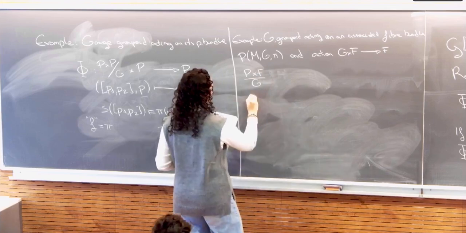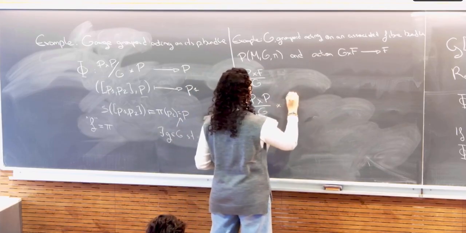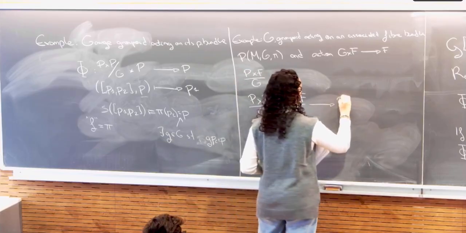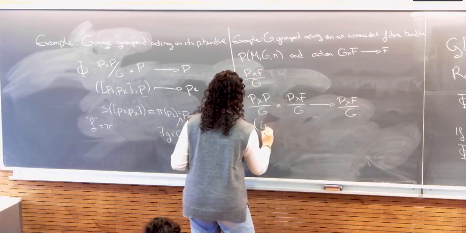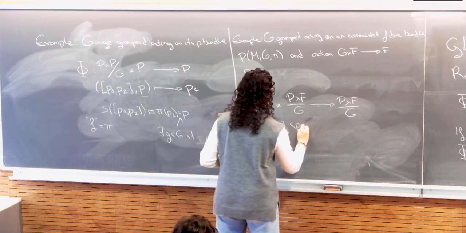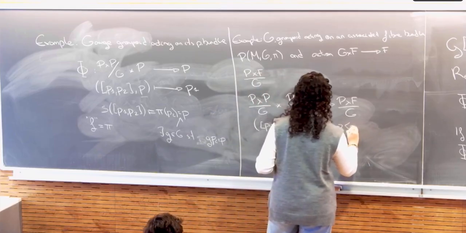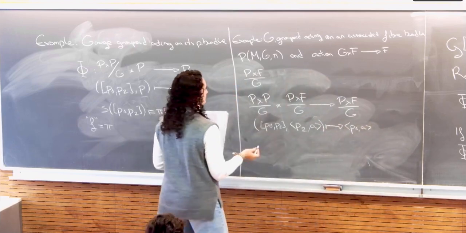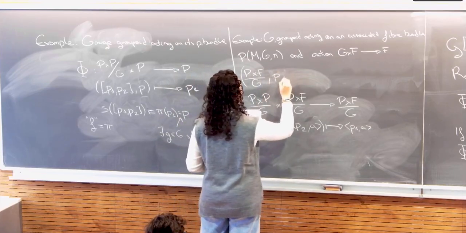So we can define an action of this groupoid, the gauge groupoid, on this fiber bundle just like this. And this is an action on P being P, the projection of the fiber bundle.